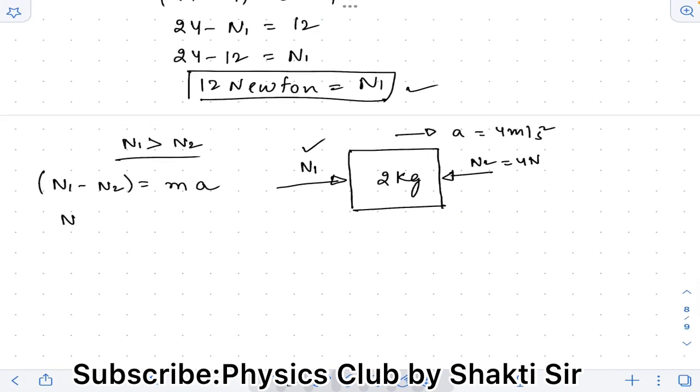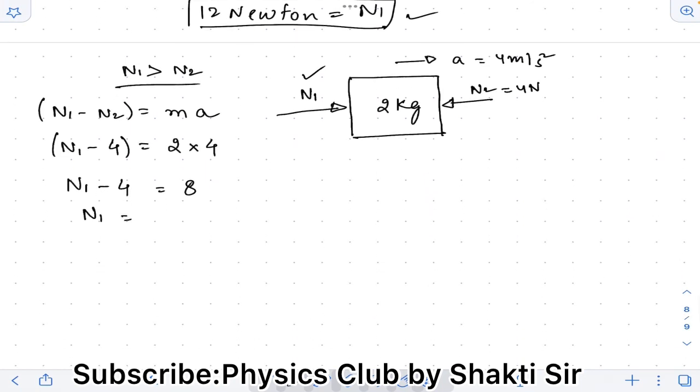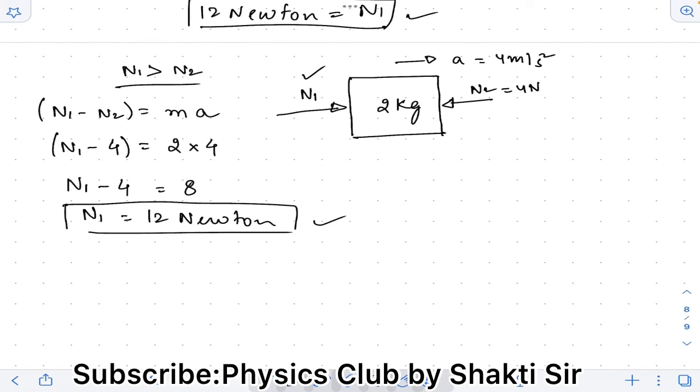So N1 minus 4 equals mass, 2 kg, times acceleration, 4, so N1 minus 4 equals 8. N1 comes out to be 12 Newton. You can see that from either the diagram of the 2 kg block or the 3 kg block, the answer is the same, 12 Newton. In this way we can solve the normal reactions where the three blocks are in contact.